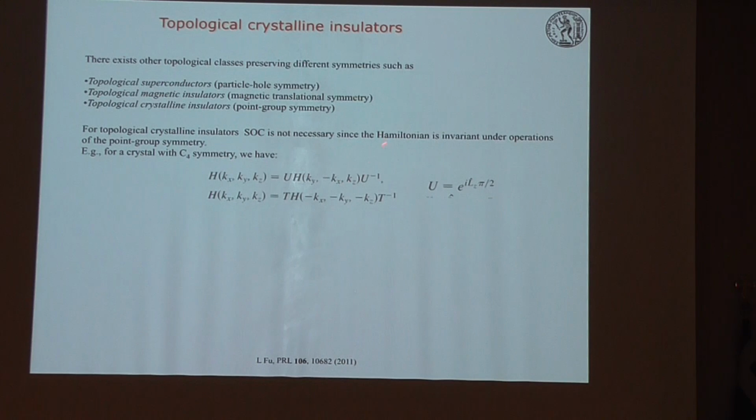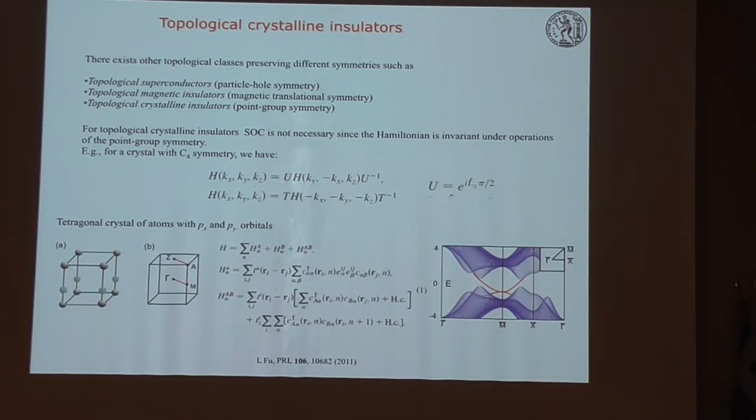So these are systems where the respective Hamiltonian is invariant under operations of a point group symmetry. For example, for a C4 symmetry, we have these operations, and this is the typical atomic lattice, which has the property of a topological crystalline insulator.